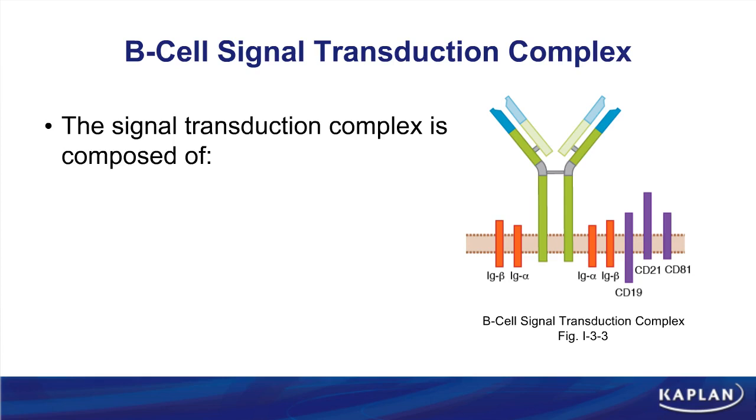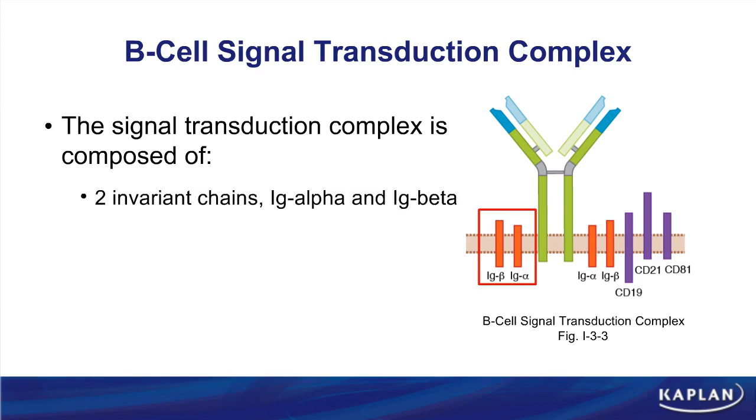So let's take a look at the B cell signal transduction complex. You'll recognize the B cell receptor seated in the membrane of the B cell, but also embedded in the membrane, you're going to see a couple of different things. You're going to notice that the little orange molecules are labeled Ig alpha and Ig beta.